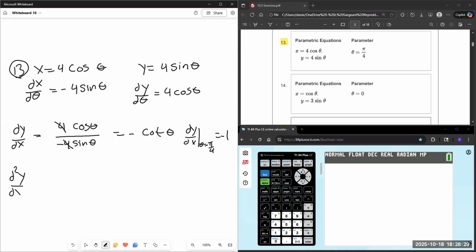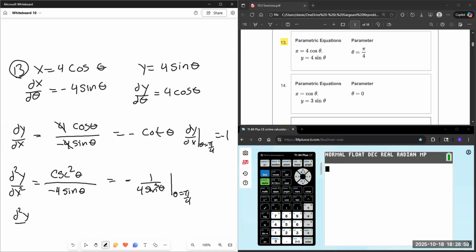d2y/dx2 has negative 4 sine theta at the bottom. The derivative at the top is cosecant squared theta. So that's going to be 1 over negative 4 sine cubed theta. Evaluate that at theta equals pi over 4.